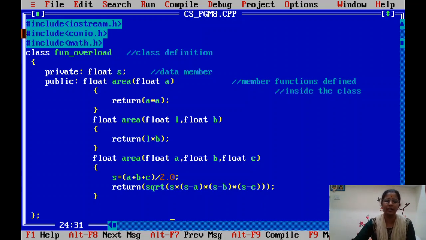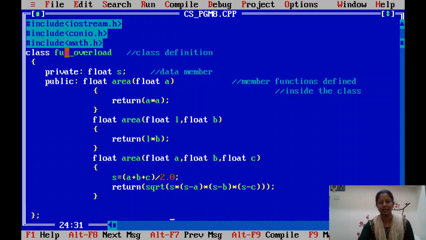Hence we have declared the class name as fun, short form for function: fun underscore overload. Don't give just overload, because sometimes the compiler is going to hang while executing the program. Hence use fun underscore overload as the name given for the class definition.